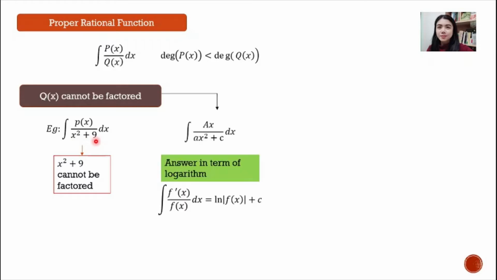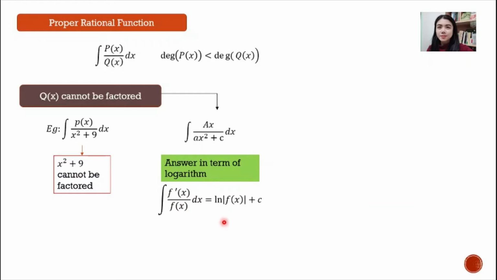So when you have things like that, you might come across the first one, where at the top you will see a linear expression, or you have an x at the top. When you have this type of case, you will have the answer in terms of logarithm, and it means you're going to apply this formula, the integration of f prime over f.